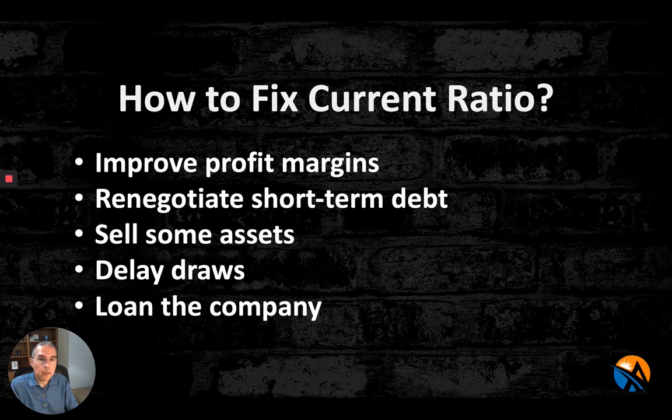You could renegotiate some of your short-term debt and see if you can get that into long-term debt. You can sell some assets to help generate cash as well. You could delay some draws, and you could loan the company some money temporarily to increase that current ratio, especially if you're thinking about going out and getting a loan. You might want to strengthen your balance sheet a bit.